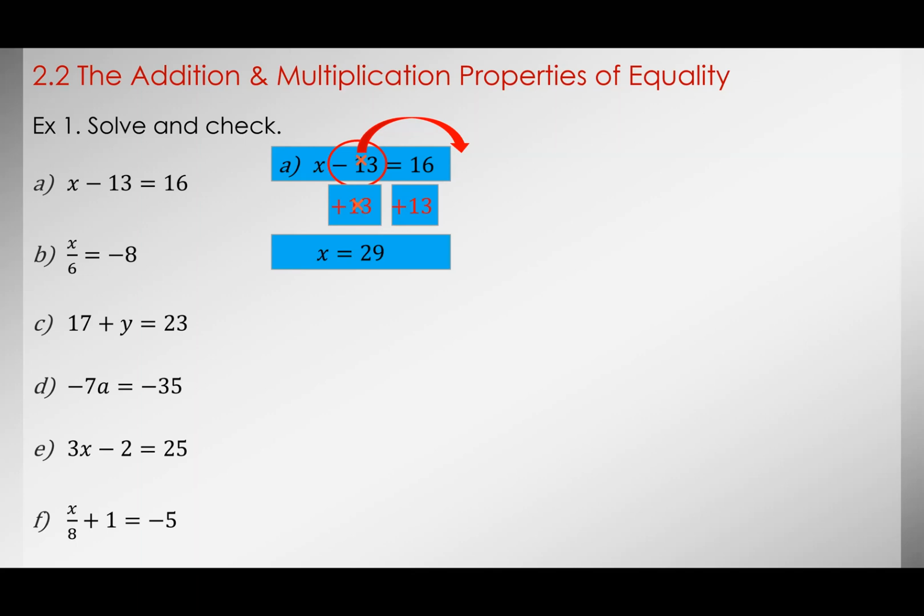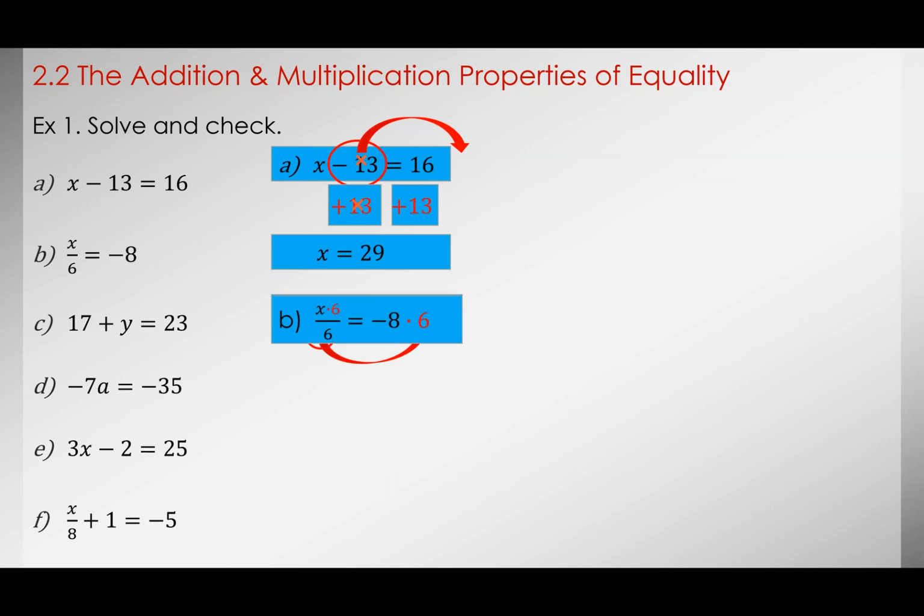Similarly for B, if we have x divided by 6, how do I get rid of division? Well, to get rid of division, I need to multiply. All we need to do is take the denominator and multiply the other side.